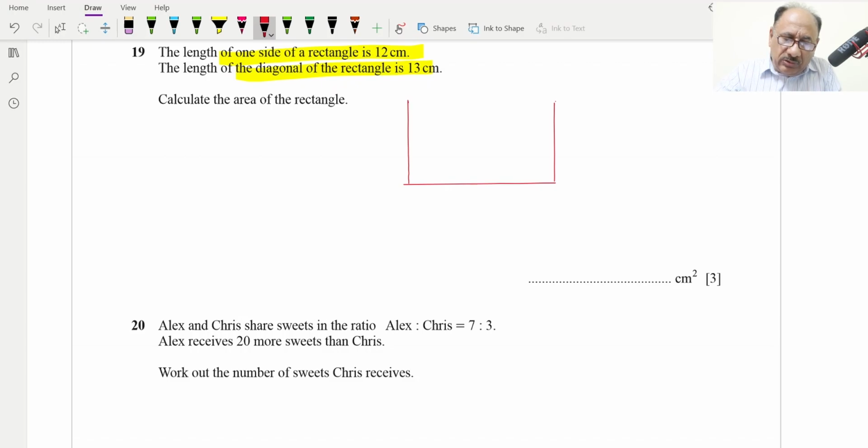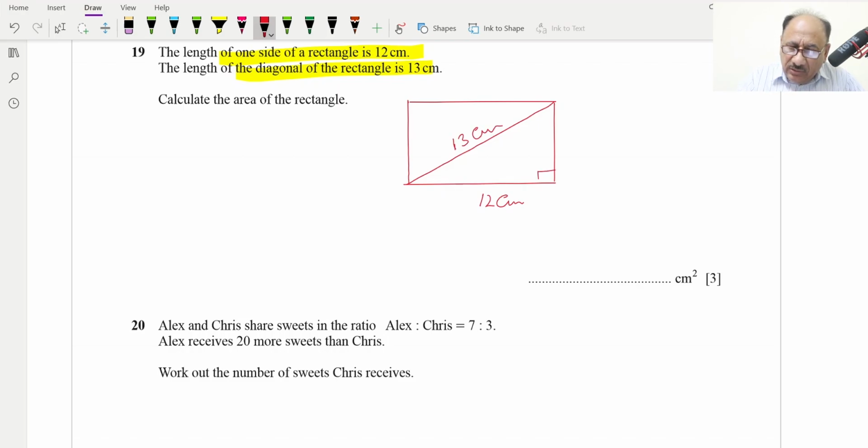Say this one is the rectangle, and they're saying the length of one side is 12. So for example, this side is 12 centimeter and the diagonal is 13. So the diagonal we can draw like this one. So this is 13 centimeter.